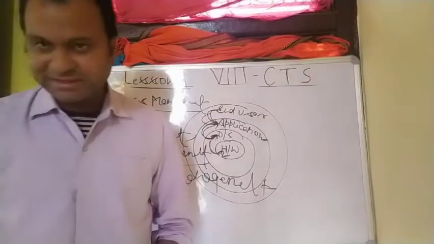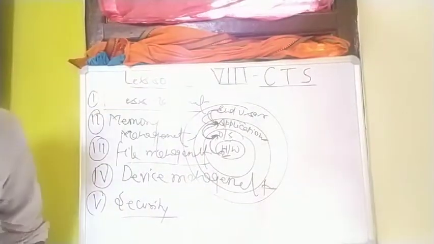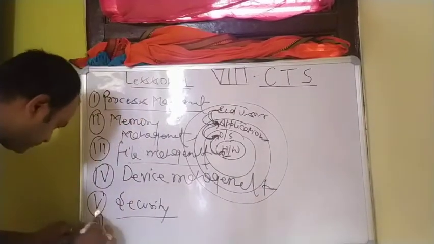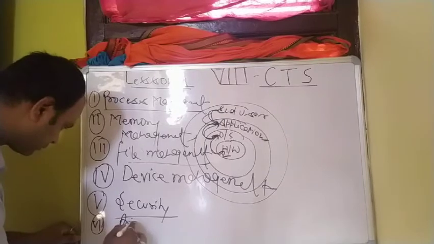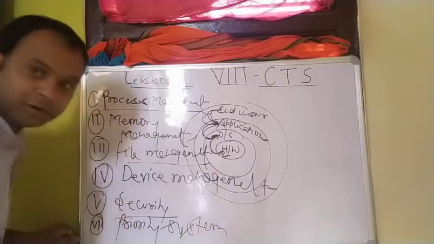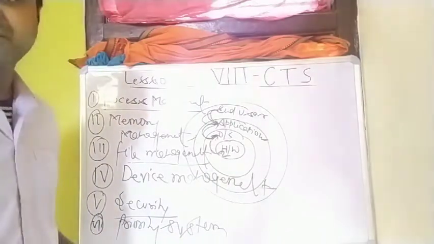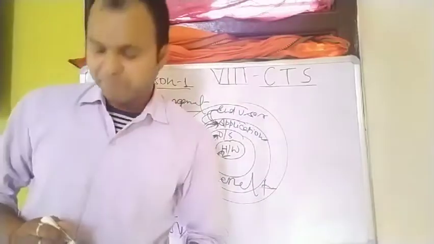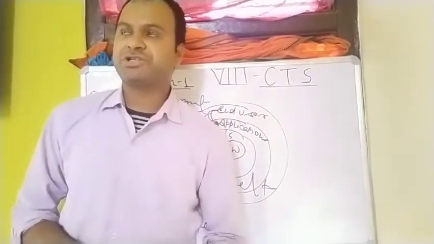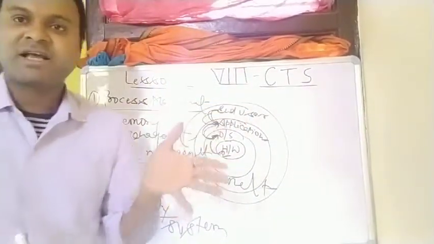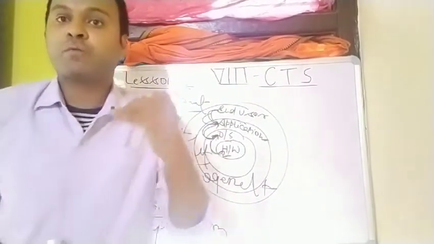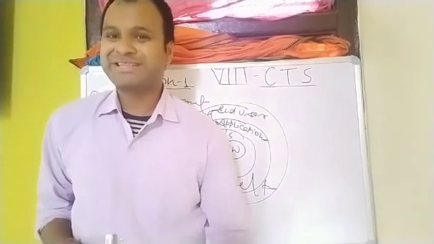Now the next one is the priority system, or enforcement system. See what happens here. When we open an application, the operating system manages on which priority your applications or processes should be processed.